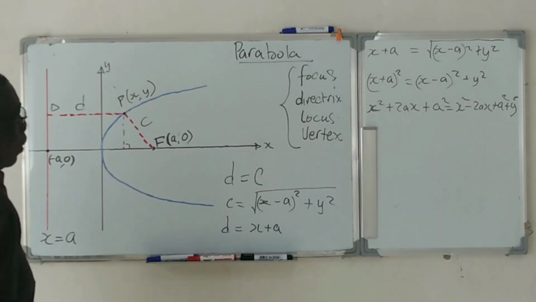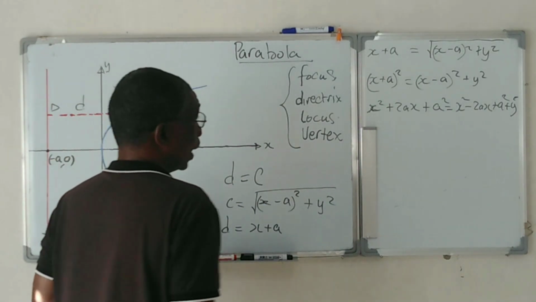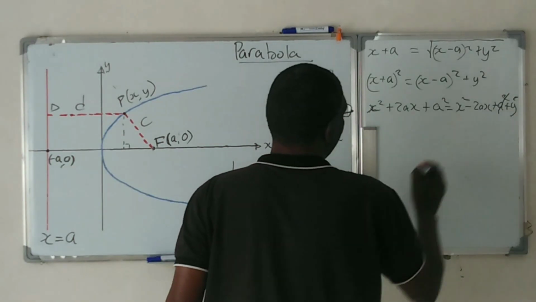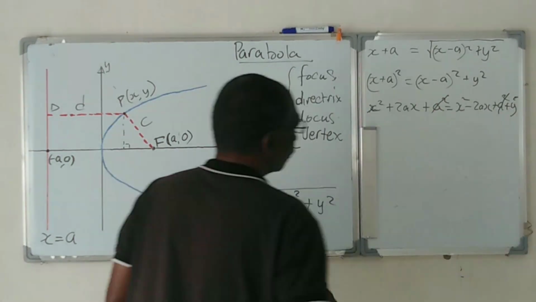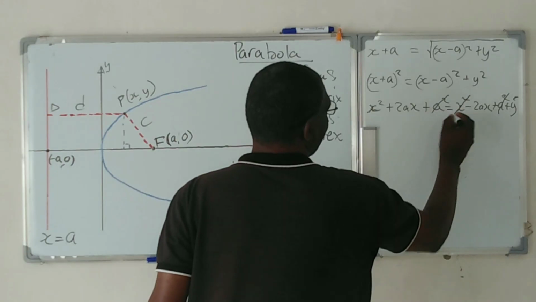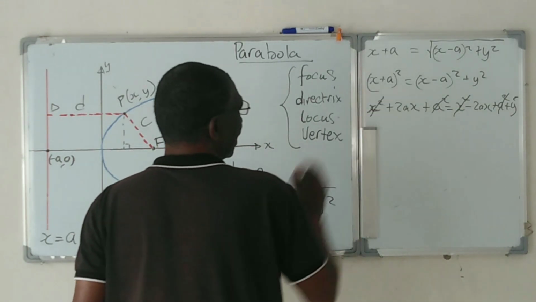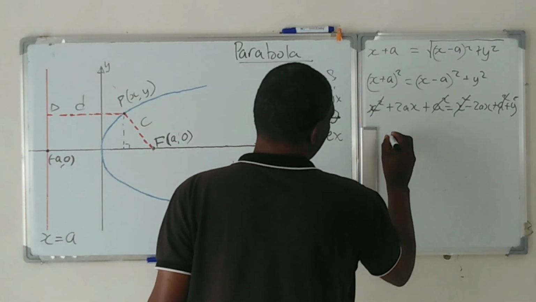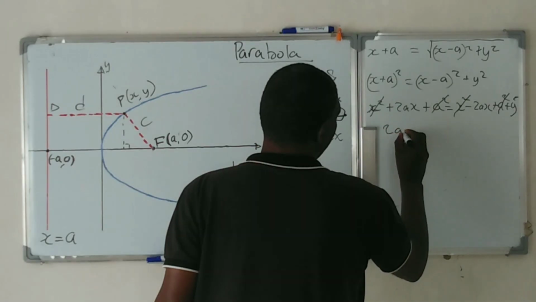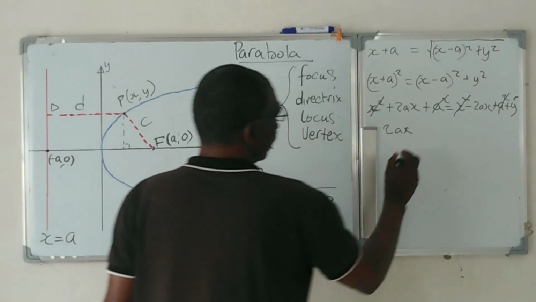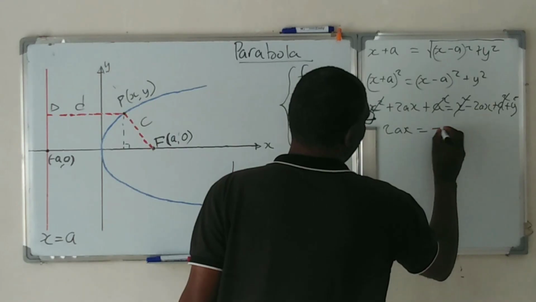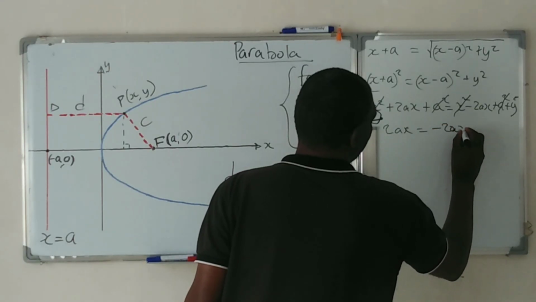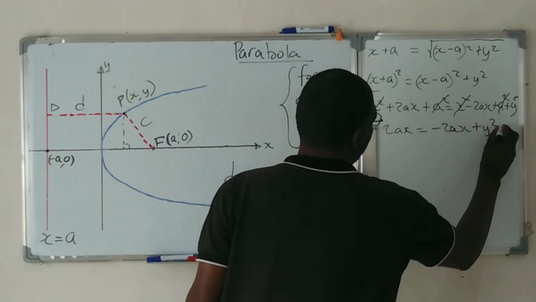Let's cancel out the like terms on both sides. Well, there's an a squared here and another a squared here. There's an x squared here and another x squared here. So we are left on the left-hand side with 2ax, and on the right, we are left with minus 2ax plus y squared.